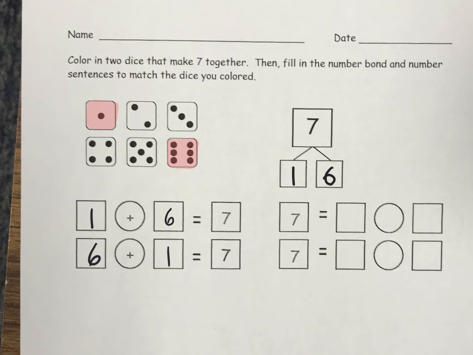Okay, hang on. If you would like to answer, you need to raise your hand. Okay, Ariani, what would my equation look like here? 7 equals 6. Good. Plus 1. Excellent. 7 equals 6 plus 1. Eric, are you with me? Okay.